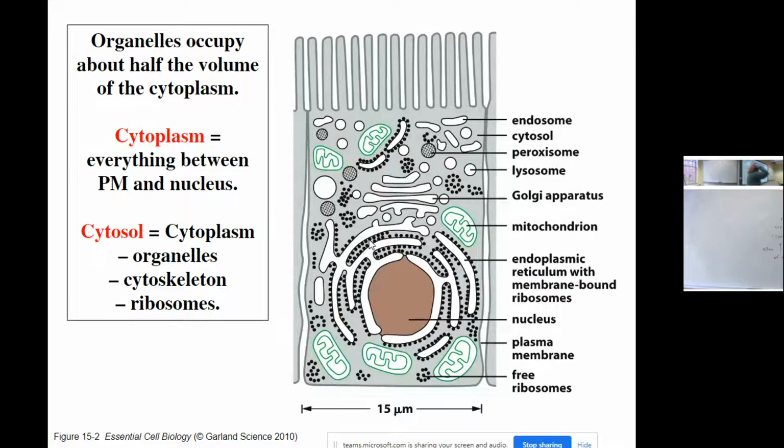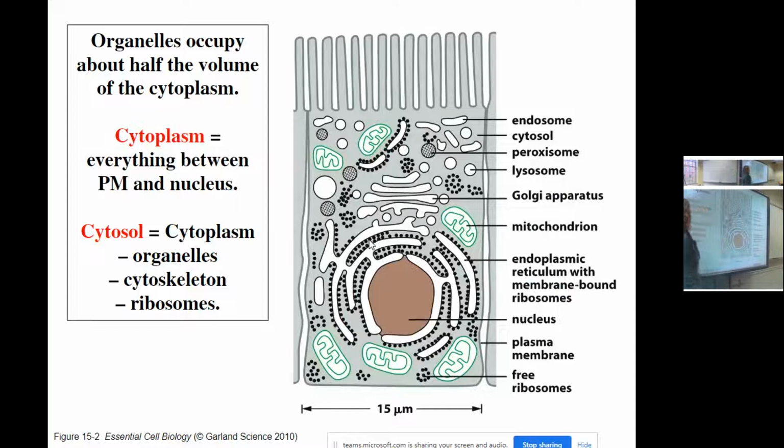In a real cell, kind of like we saw in that video, there are a lot of organelles in a fairly small space, and the cytoplasm is much more crowded than you might expect. In the average cell, the organelles take up about half of the space in the cytoplasm. The word cytoplasm refers to all the stuff that is inside the plasma membrane.